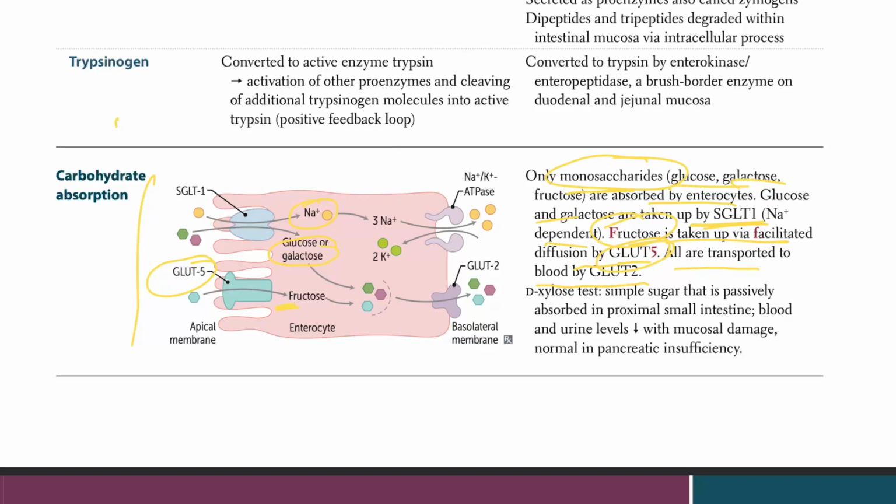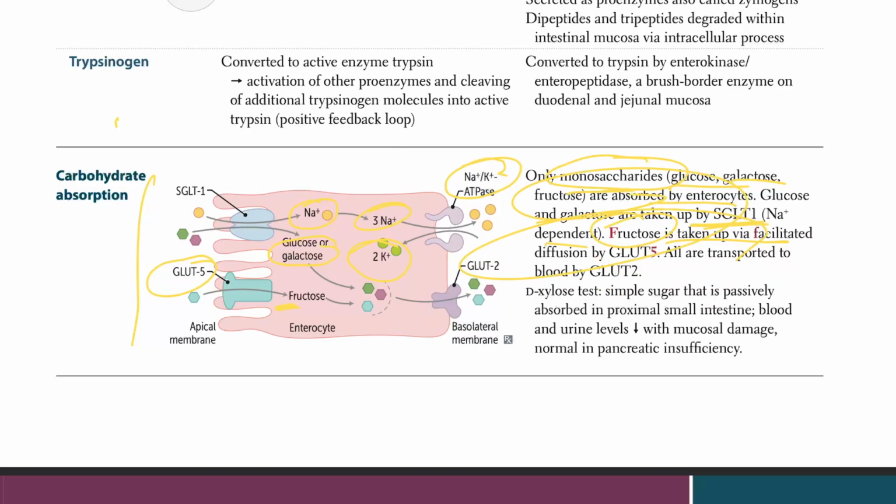Okay, and you have this sodium potassium ATPase, which is going to throw out three sodiums into the circulation and pick up two potassiums. GLUT2s are present in the basolateral membrane, and they are the ones needed for the monosaccharides to be transported to the blood.